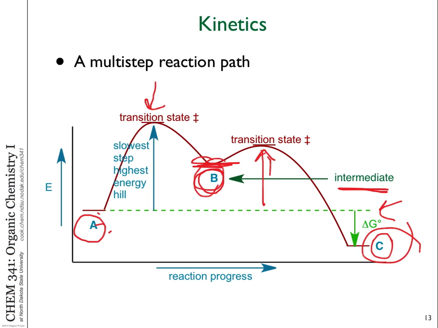The difference between the starting materials and the transition state for each of those is not the same. One hill is going to be higher than the other. In this case, the first one is higher. Sometimes it's the second hill which is higher.